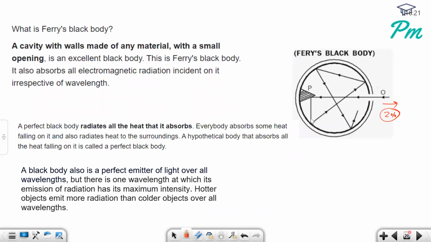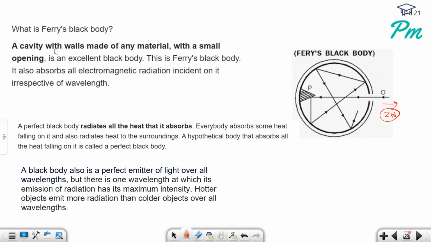After reflection from here, it suffers multiple reflections inside the cavity, and only 2% of the incident radiation can go outside. Almost 2% goes out of the cavity, and 98% remains inside. So we can say this absorbs almost all the incident radiation on it.